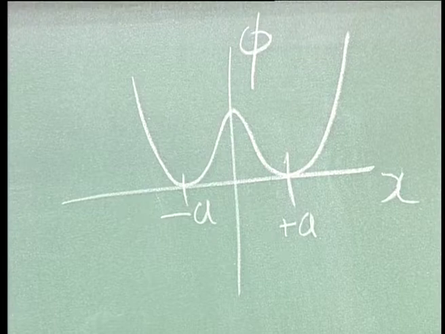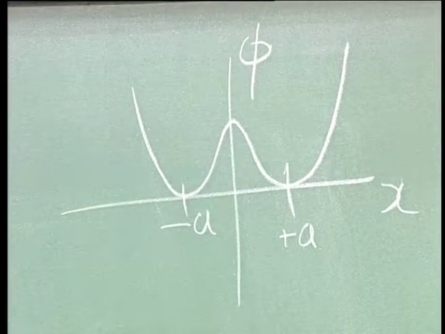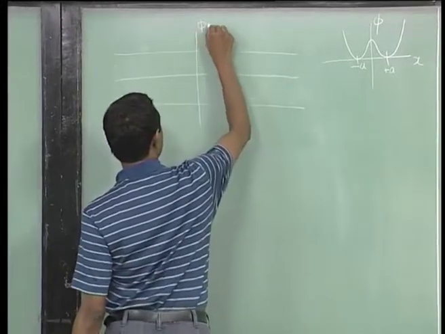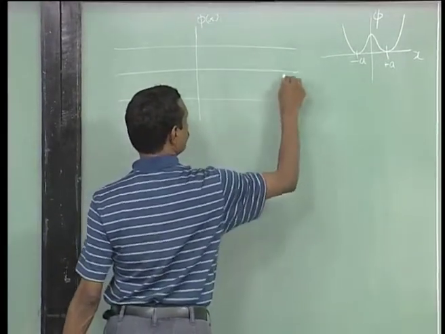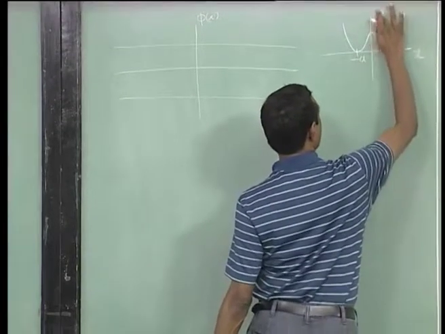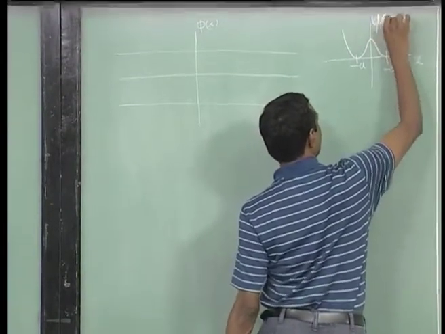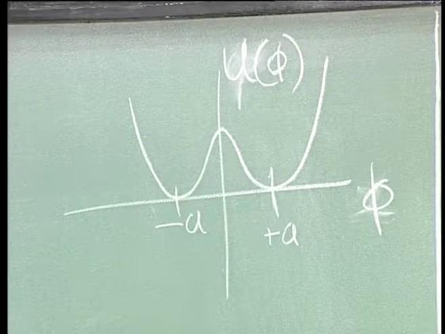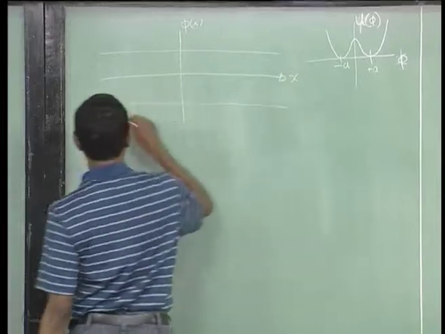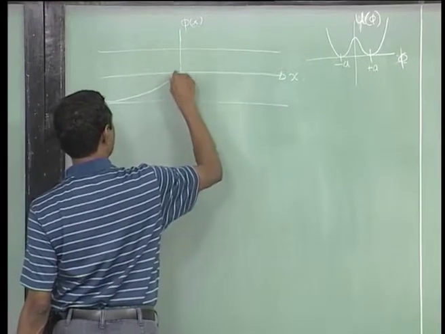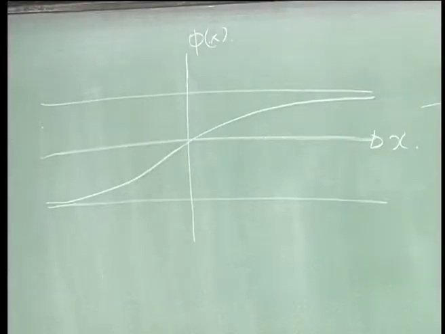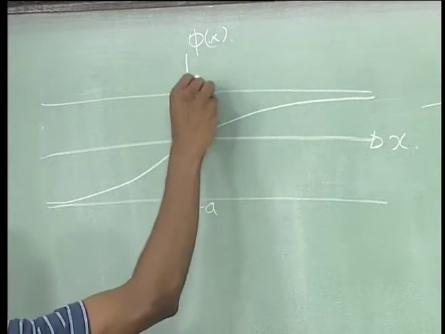This was the potential, and this was the solution, u of phi versus phi. And this is phi of x versus x. If you consider the kink, it interpolates from phi equal to minus A to plus A.